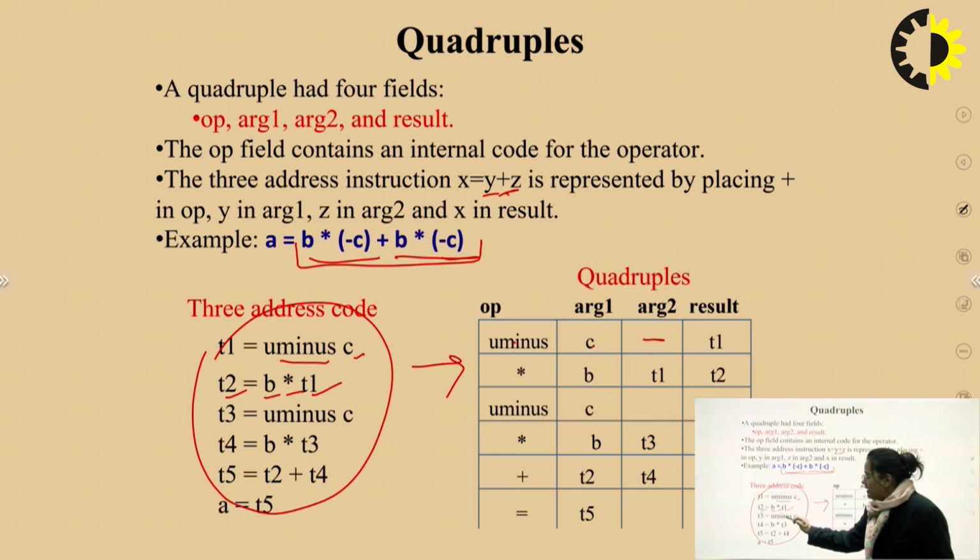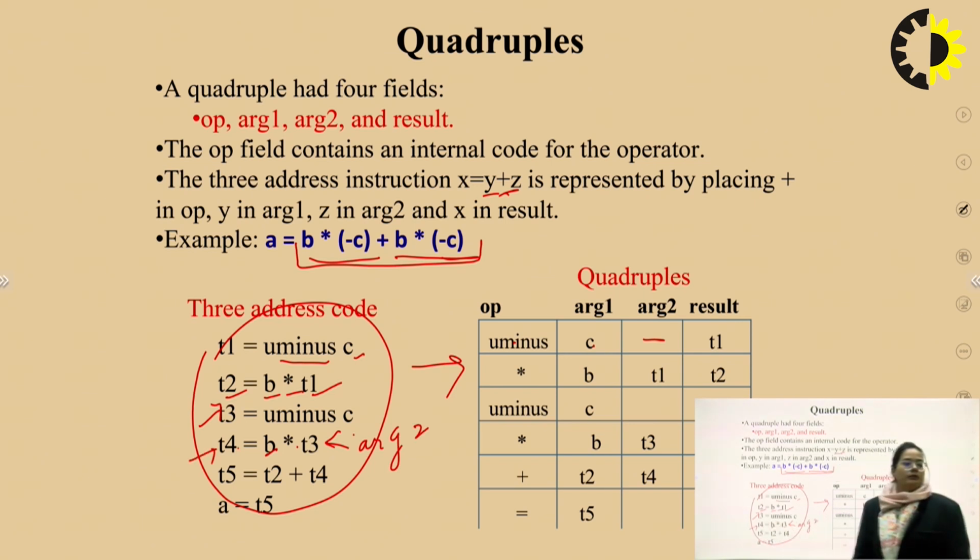After that, unary minus is the operator, C is argument 1, and T3 is the result. Then multiply is the operator, B is argument 1, T3 is argument 2, and the result is stored in T4. Then plus, with T2 as argument 1, T4 as argument 2, and the result stored in T5.